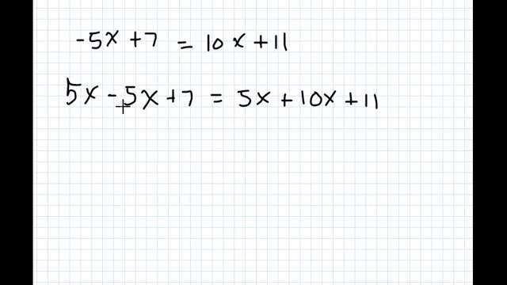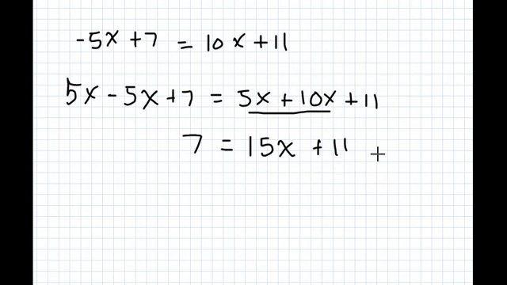Okay, so now we have a positive 5x minus 5x, so that's going to make that go away. So I'm left with 7 is equal to, I'm going to collect my like terms here, so that becomes a 15x, and then we have the plus 11.